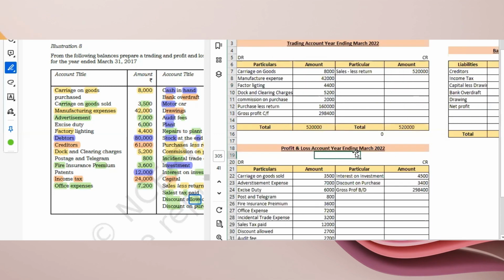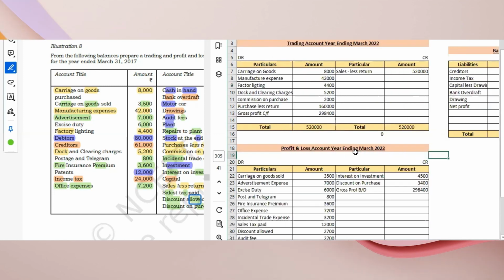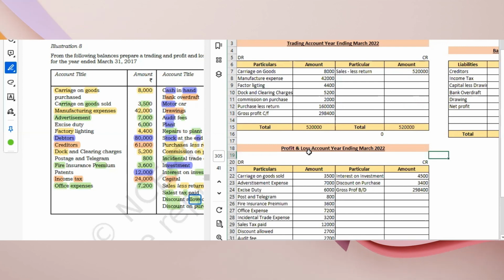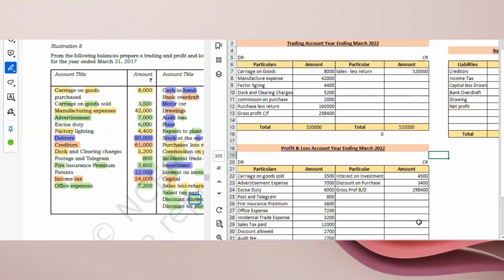So the basic thing here is you have to segregate whatever is available in your trial balance. You have to segregate correctly, or else, if you're not segregating and just putting it in, the totals will still match. But during the examination, they will consider what your knowledge is of a particular expense item, whether it is a direct expense or indirect expense.